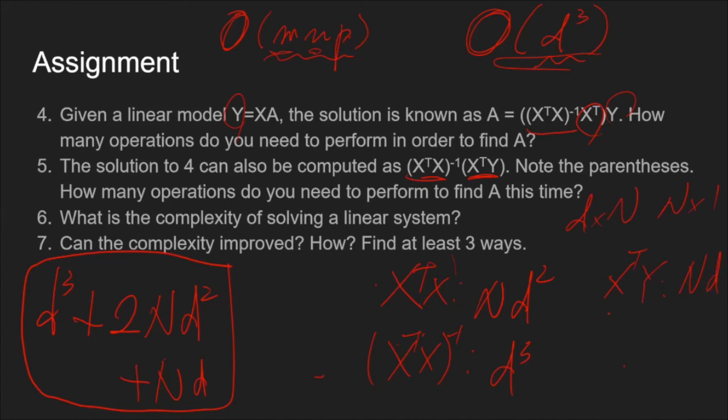Okay? And then the multiplication of the whole, the multiplication of the whole is going to be multiplication between d by d, right? The left-hand side is a d by d, and then the term on the right is d by 1. So the complexity of the multiplication of the two is going to be d squared.